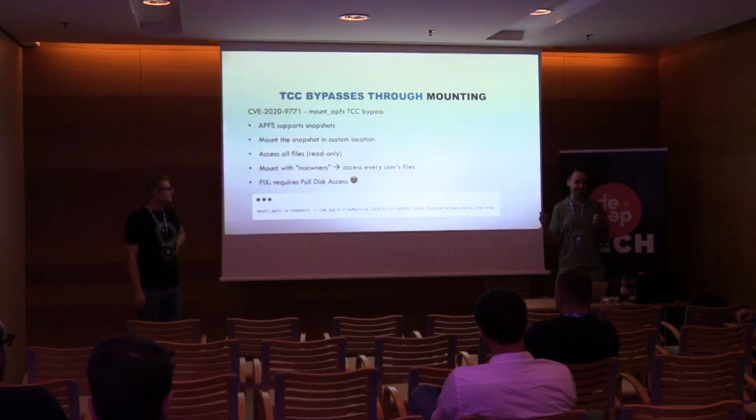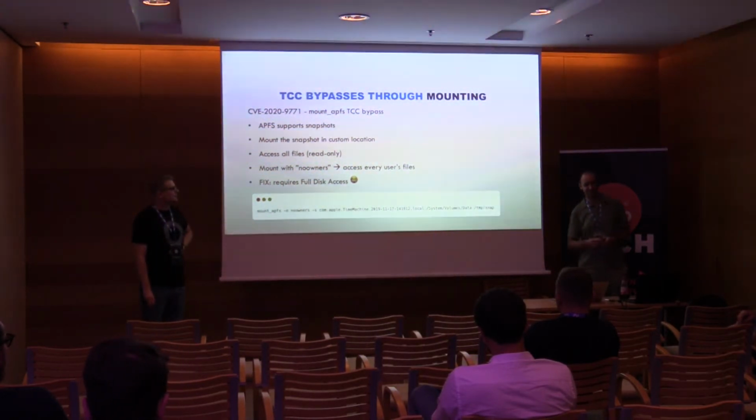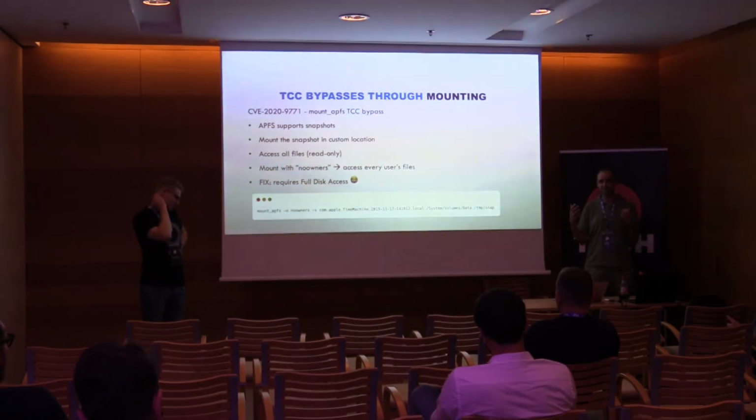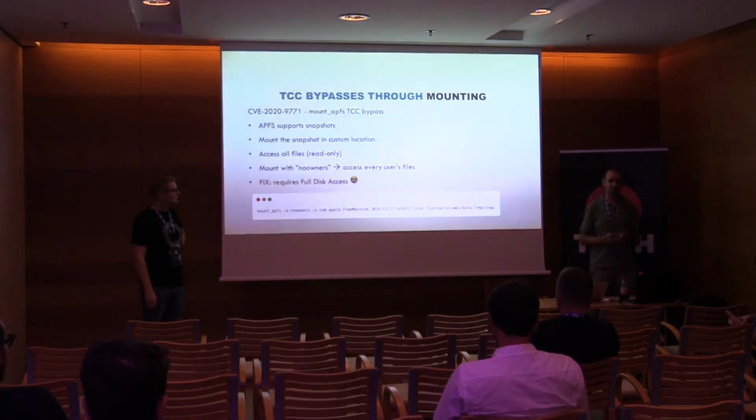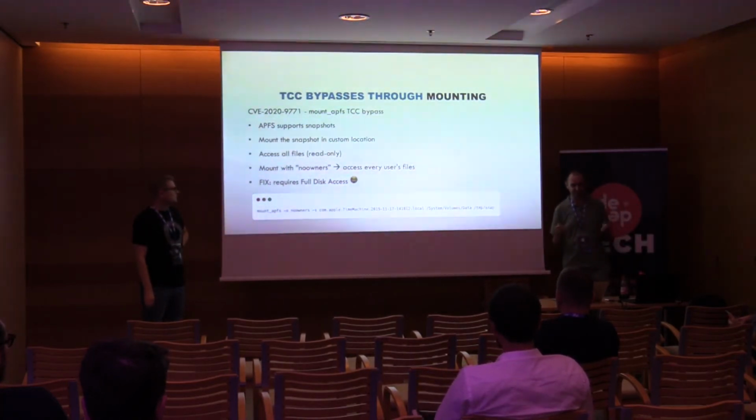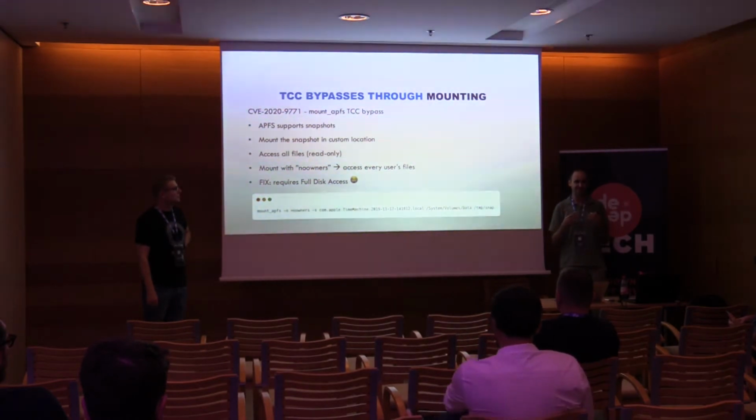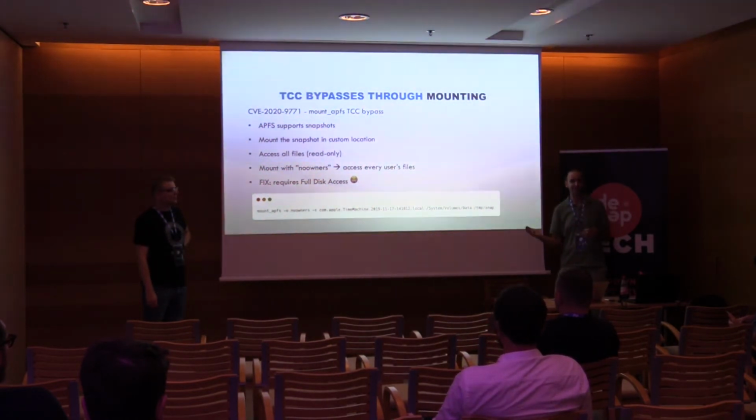So the TCC bypass with snapshots was that you could mount the snapshot in a custom location, and through that path you could access every privacy-protected file, like Desktop, Documents, Address Book, whatever, because the path wasn't in the user home directory or Documents.